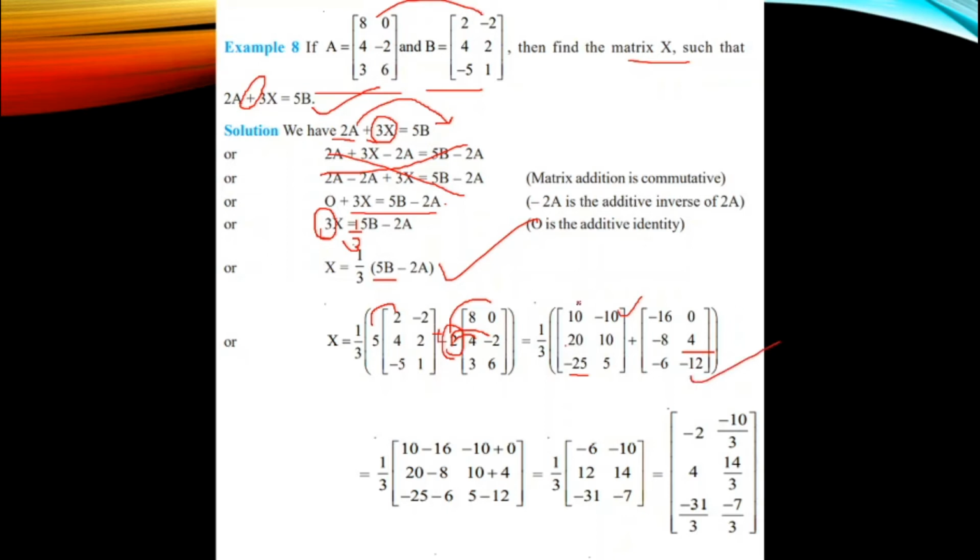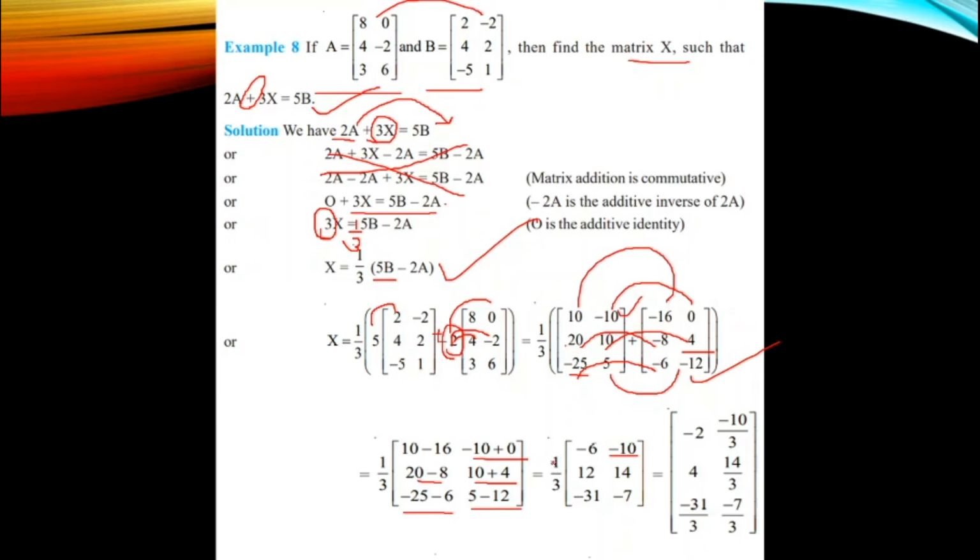Next we'll solve. 10 plus negative 16, that is 10 minus 16, minus 10 plus 0. Corresponding elements we are adding. 20 minus 8, 10 plus 4, negative 25 plus negative 6, 5 minus 12. When you solve, 10 minus 16 gives negative 6, this one we get negative 10, this is 12, 14, here we have negative 31, negative 7, right?